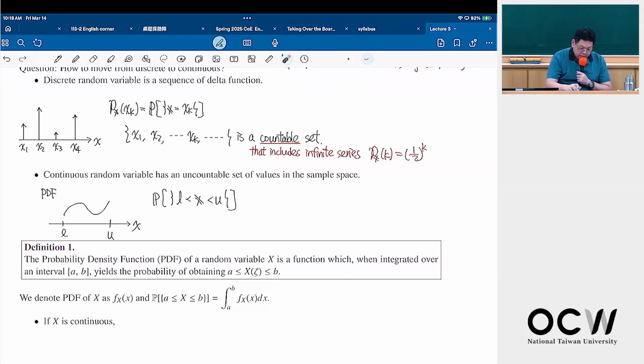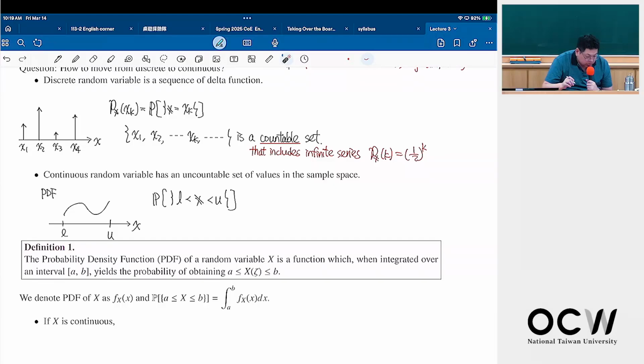See the math expression, f of x. That means f of x is not the probability. It is a function, not the probability. But I can find the probability of this random variable between two numbers a and b by using the density function and doing the integration from a to b.